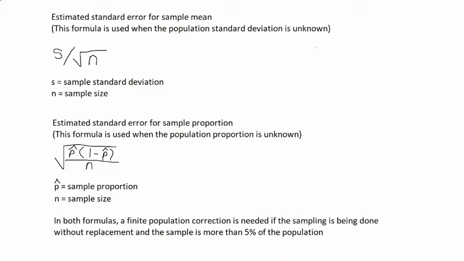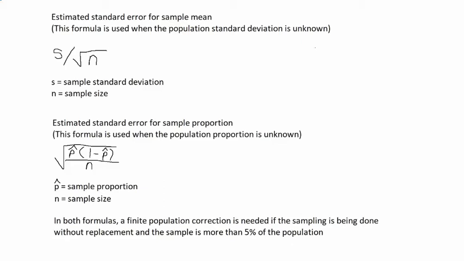And if someone is calculating a sample proportion, the person will get the standard error by taking the square root of p times 1 minus p over n. Once again, that correction factor has to be included if the sample is more than 5% of the population.